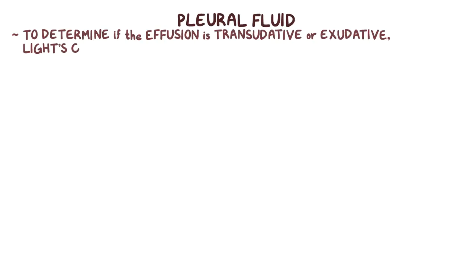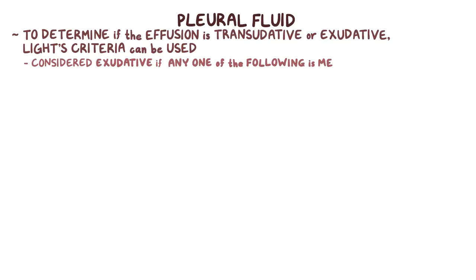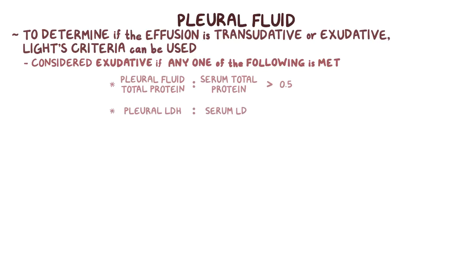Now, to definitively determine if the fluid is transudative or exudative, we can use the Light's criteria. Pleural fluid is considered exudative if any one of the following are met: a pleural fluid total protein to serum total protein ratio more than 0.5, a pleural lactate dehydrogenase, or LDH, to serum LDH ratio more than 0.6, or a pleural fluid LDH more than 2/3 of the upper limit of normal serum LDH.